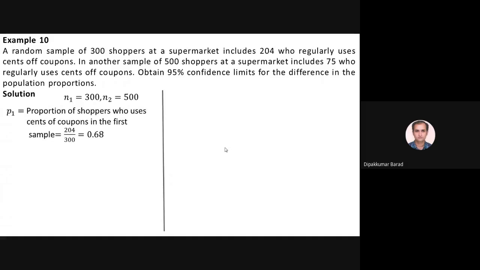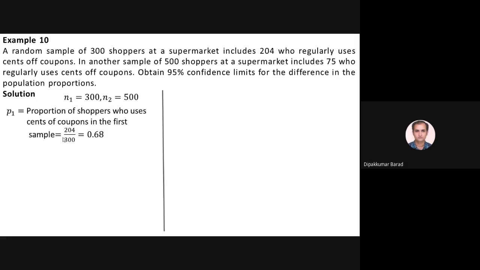Small p1, from the sample, is 204 people who regularly use this coupon, out of 300. So I get small p1 as 0.68. We say small p1 because we have taken a sample; from the sample we get this.